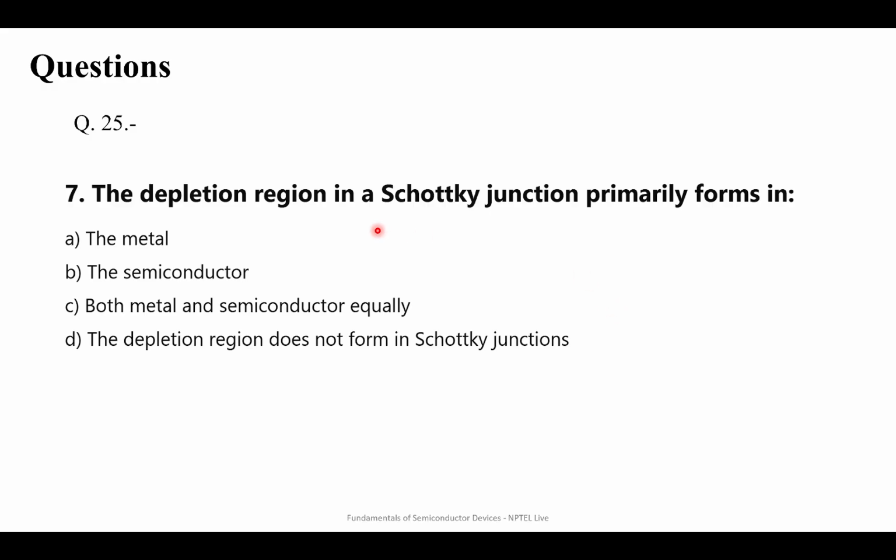So the next question: the depletion region in a Schottky junction primarily forms in the metal, the semiconductor, both metal and semiconductor equally, or the depletion region does not form in Schottky junctions.